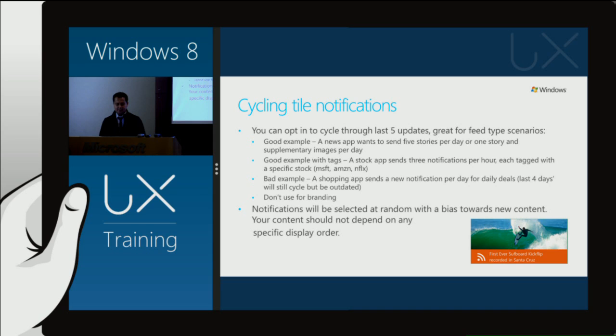A good example is a news app, as I just showed you. You can show the 5 most recent updates to news so that if there's a headline that interests me or a headline that doesn't interest me, I can decide whether I want to tap into it or not, and I can discover new content and information through that live tile.